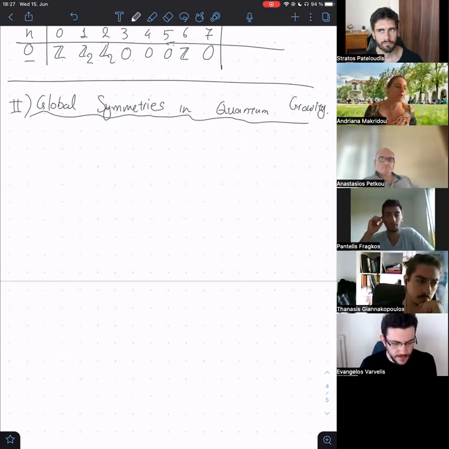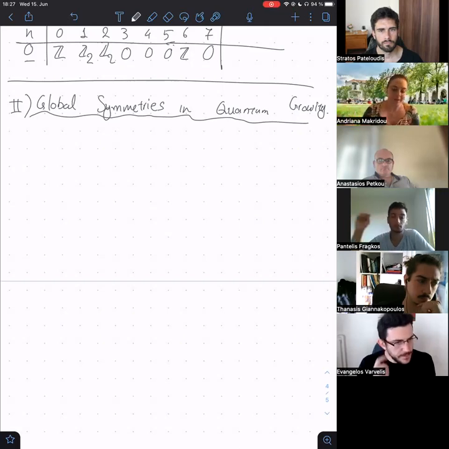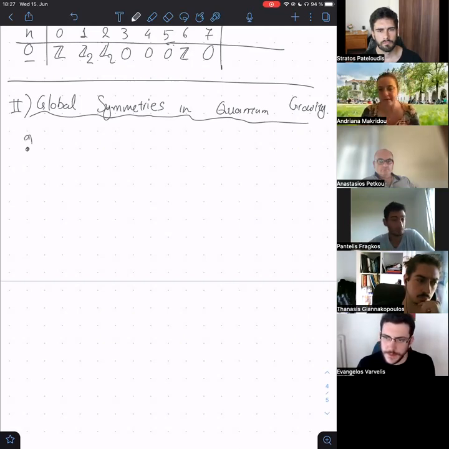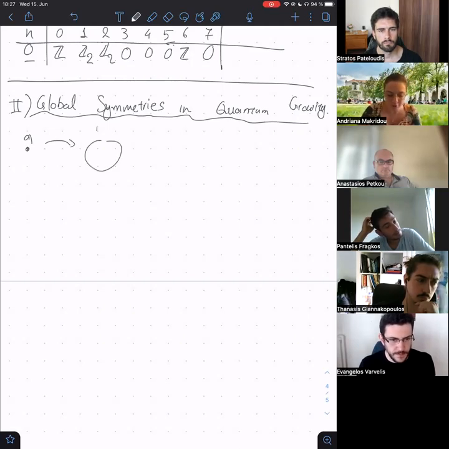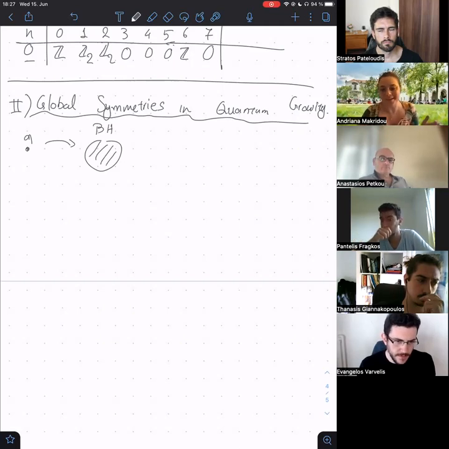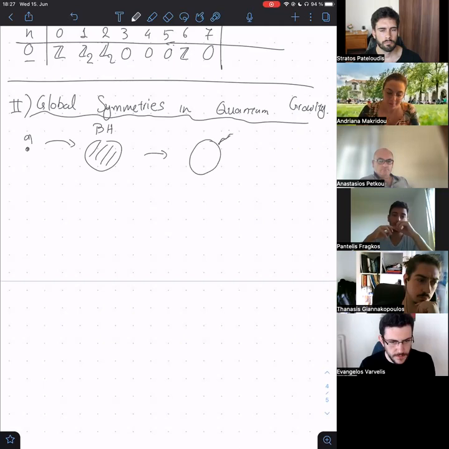And the way to view this in a quite naive way would be to have some crude argument and say, okay, suppose there is this global symmetry, and then you have a particle charged under the symmetry, it has a charge Q, then you throw it into a black hole, and then you wait, and then the black hole evaporates. Whatever is coming out, I don't know.